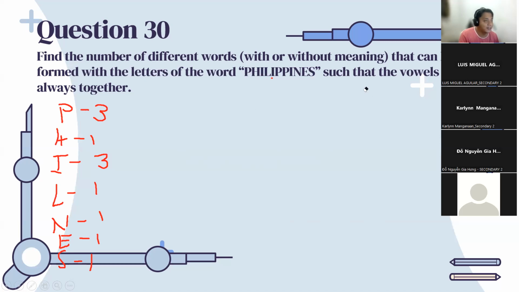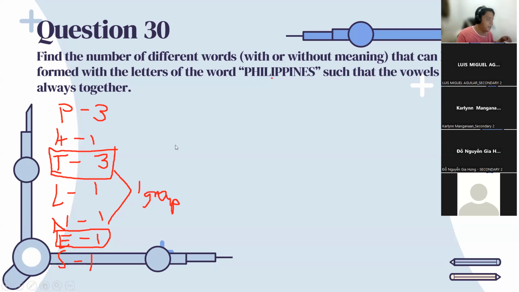Okay, it says here the vowels are always together, which means that we need to form a block using these 4 letters, right? So that is one group. So how many ways can we arrange these letters? How many groups or letters do we have? 1, 2, 3, 4, 5, 6, 7, 8. Oh, wait. Sorry.